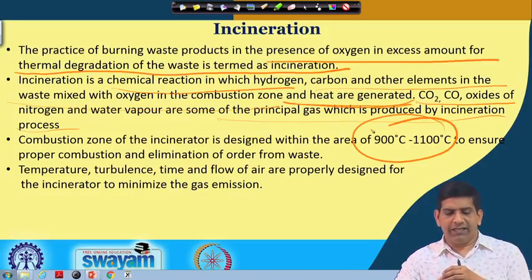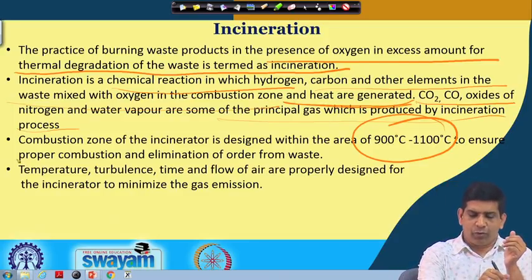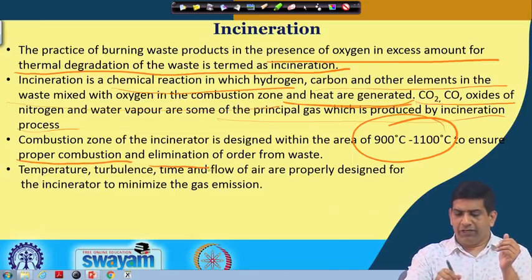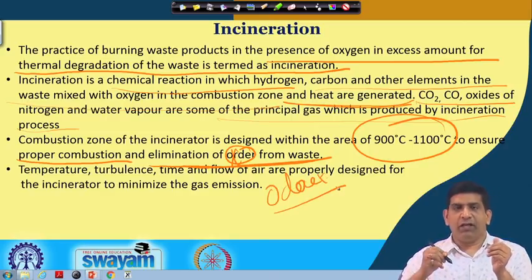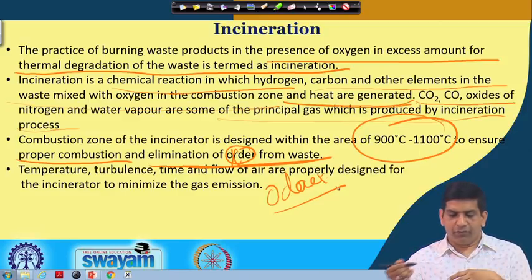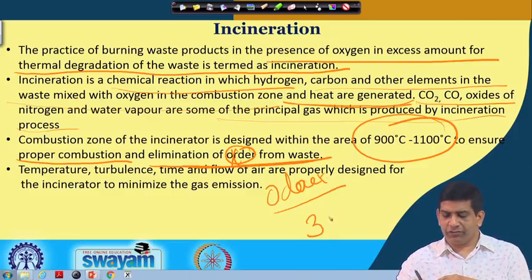What it does is make sure that you have proper combustion and elimination of odor, the smell, from the waste. There are three major things that we need to design for: temperature, time and turbulence. That's called the 3 T's of combustion.